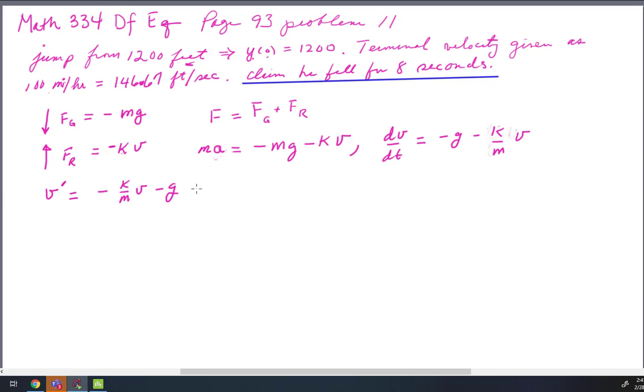And a substitution, just to make it easier, would be to let rho equal k over m, and then write v prime equal negative rho v minus g. Now when I look at this differential equation, I see that it falls into two categories.